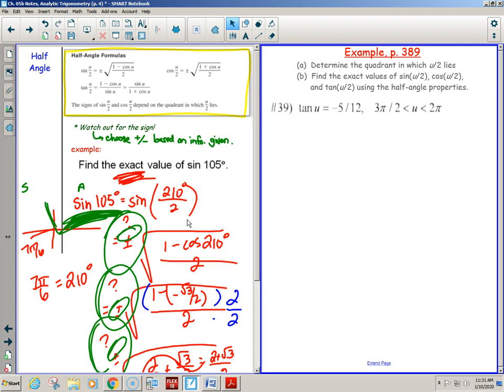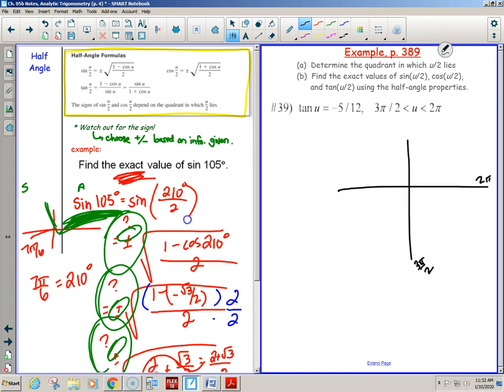So anyway, we're not going to do this entire one, but I just want to know if you know how to start. I see a fraction. What should I think? Make a triangle. And what quadrant, based on what they told me? In the fourth quadrant, because 3 pi over 2 to 2 pi has me put it in here. And then I know that I have opposite over adjacent.